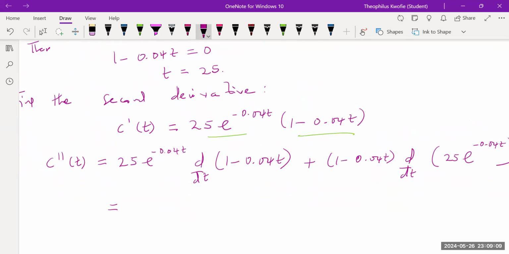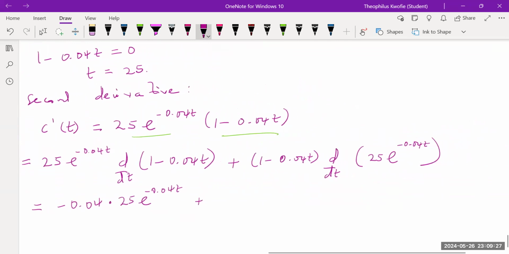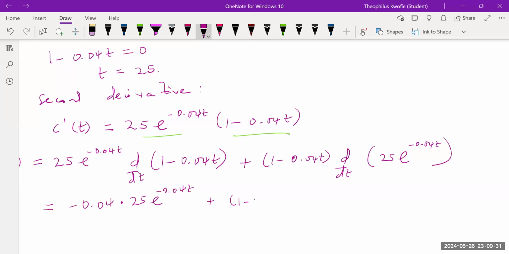Now, when you differentiate this, we're going to have minus 0.004 multiplying 25 e to the power 0.4t plus, so you have 1 minus 0.04t, and then minus e to the power 0.4t.